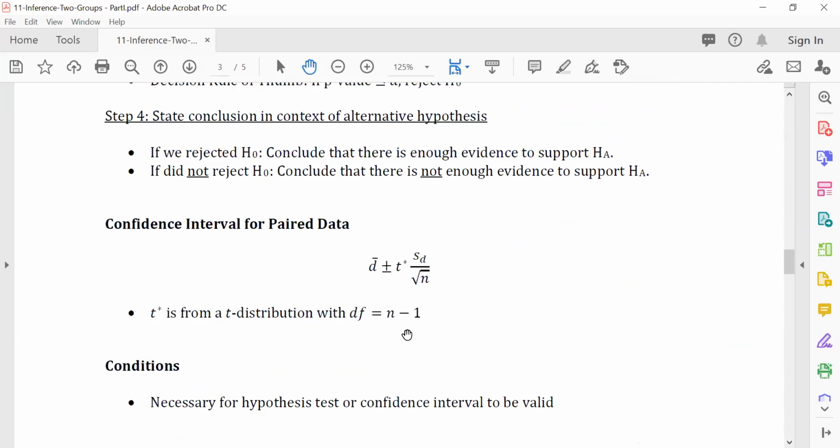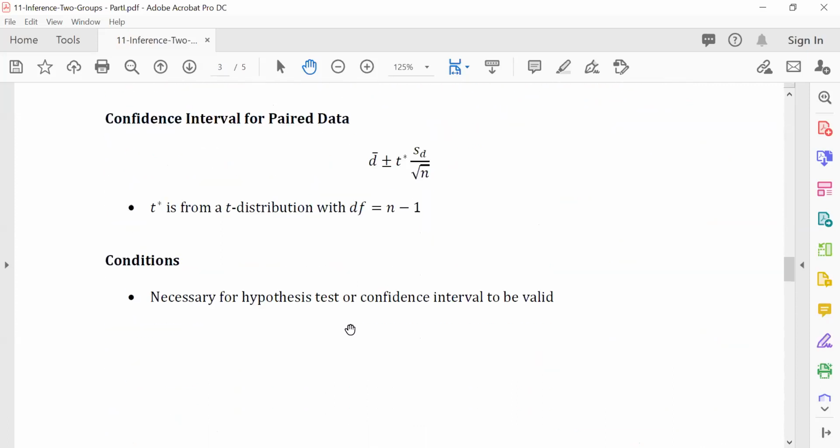So the conditions, I mentioned that we are going to talk about it below. So here is what we're going to talk about it. So in order for this hypothesis test and confidence intervals to be valid, we have to satisfy two conditions. First, the sample differences must be random.